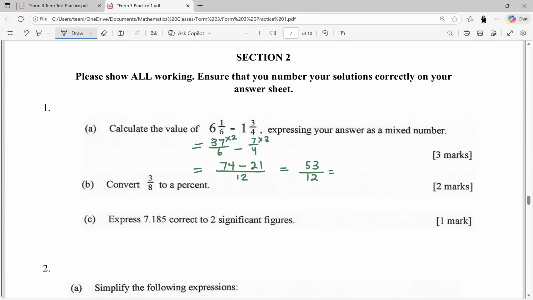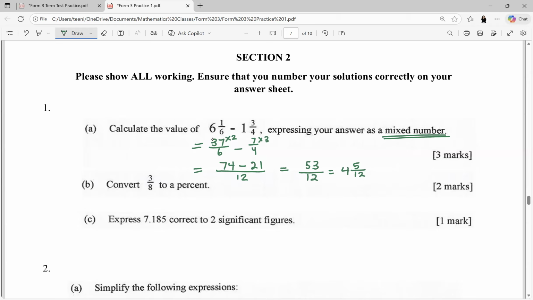And the question says to express your answer as a mixed number. So 12 goes into 53 4 times, because 4 12s are 48. So 48, remainder 49, 50, 51, 53. So that's 5. 4 and 5 over 12 would be your answer.